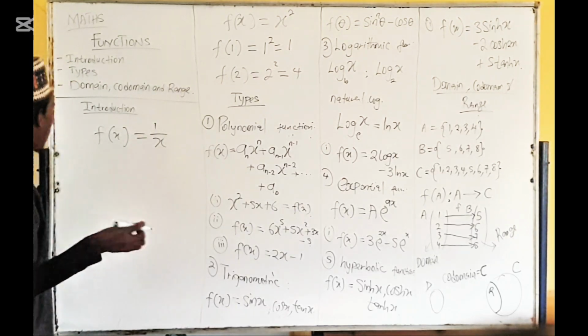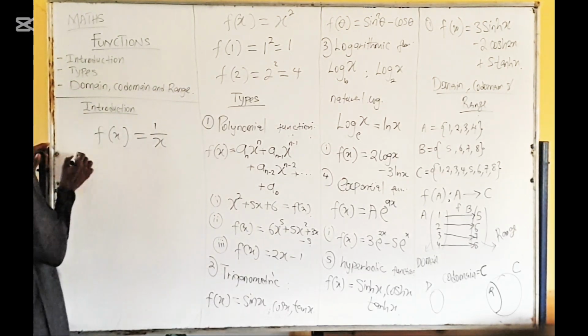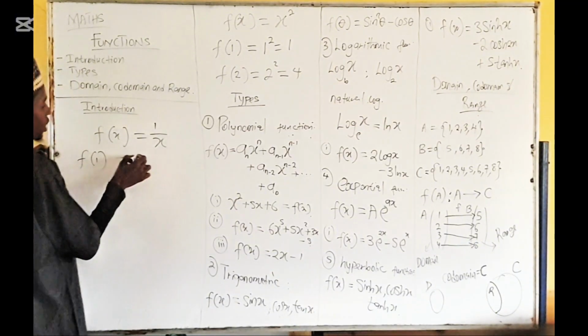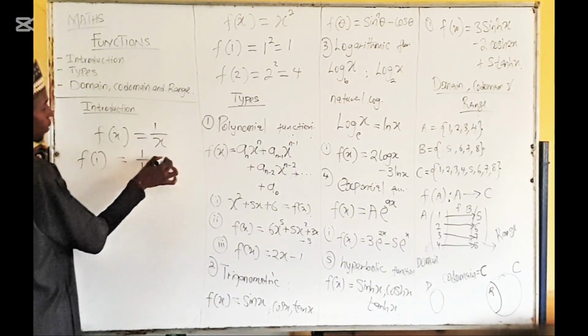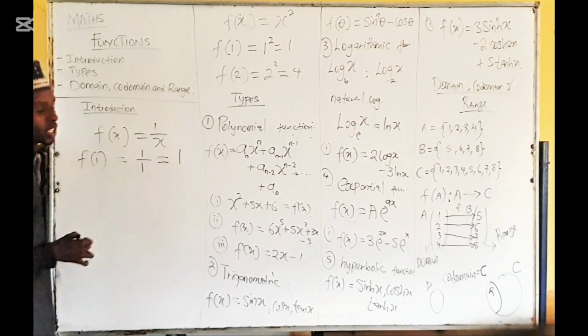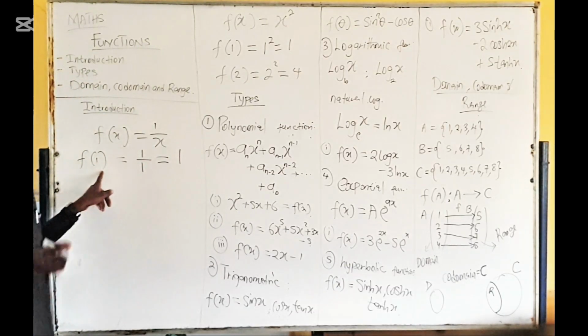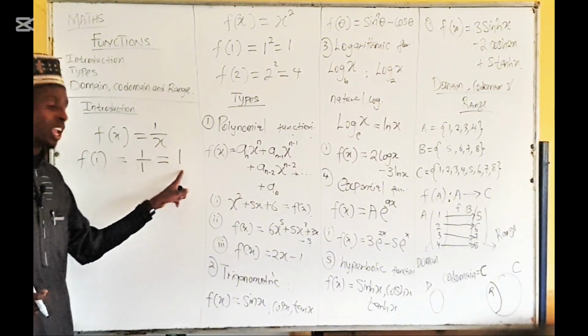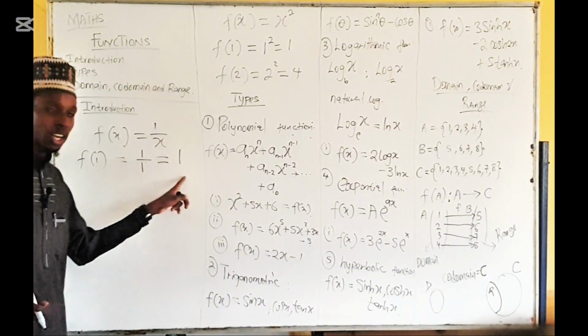Now, if I try to put f of 1 in the function, when my domain is 1, the output of the function will be 1 over 1, which is equal to 1. This means, yes, 1 is among the domain, since 1 is processed and results in an output, which is the range. My domain is 1, the range is 1.